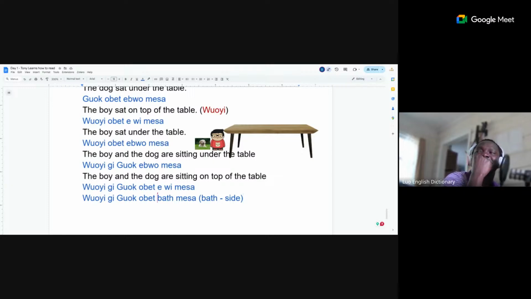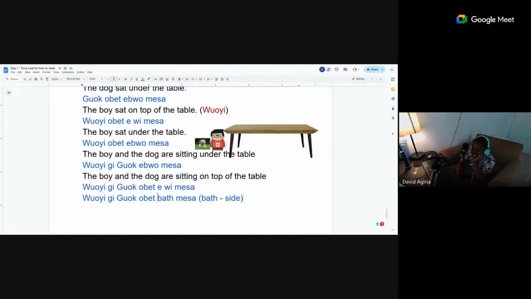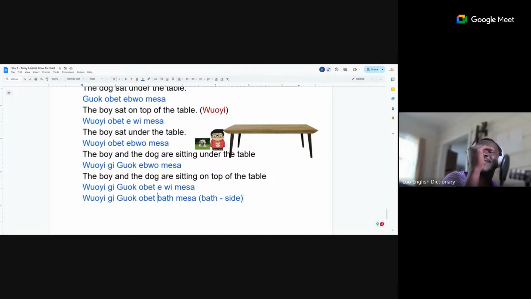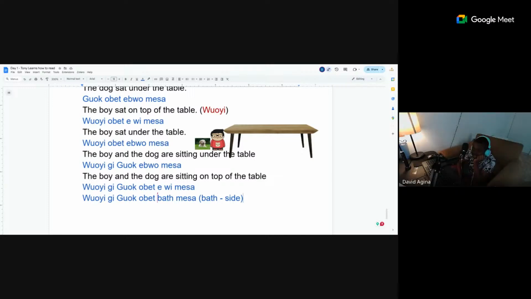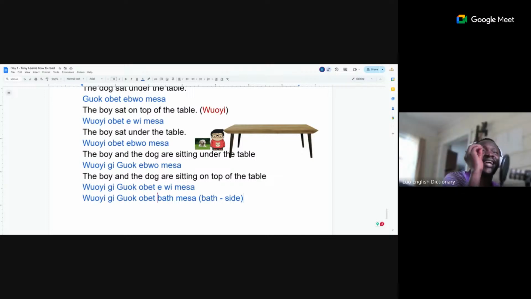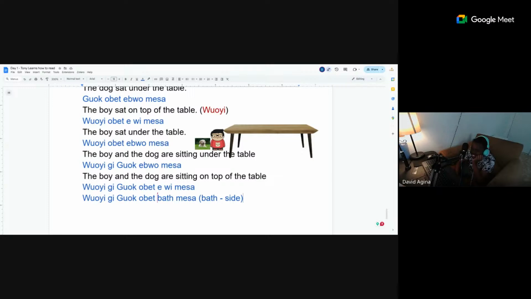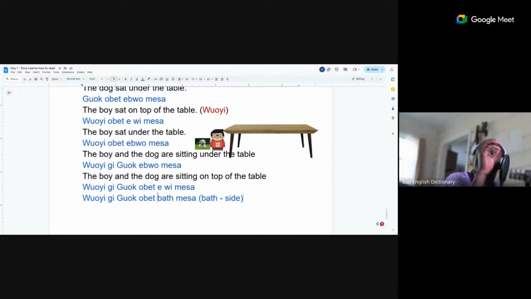Top means... So buo is bottom. Then top is ewi or we. Yes, we, not a. We. We. We. Okay. A is just a connecting word. So remember that.